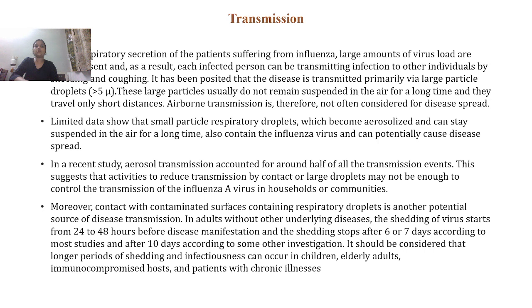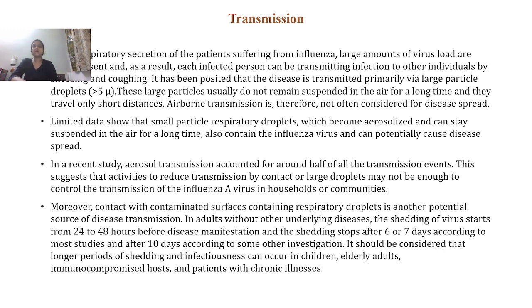So you can understand, we cannot control the spread of these droplets from one place to another. It is not that controllable. And also, contact with some contaminated surface containing respiratory droplets is another potential source of disease transmission.